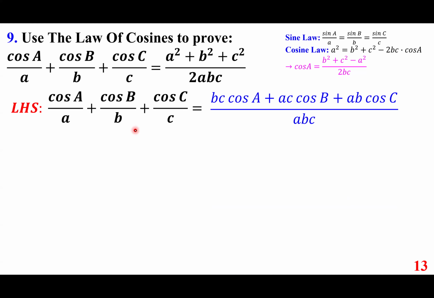Now, something like that looks familiar. So let's see what we can do. For example, if we have this as cosine A, we can multiply both sides by bc, see what happens, or even 2bc for that matter.